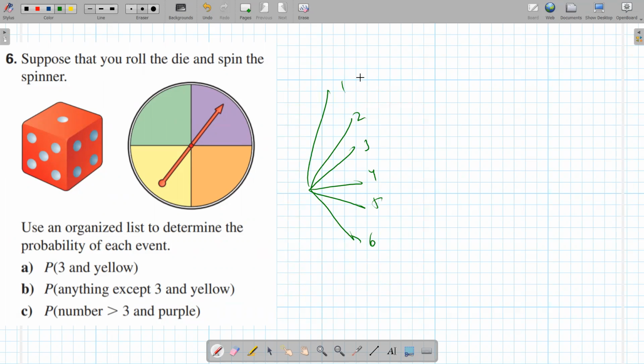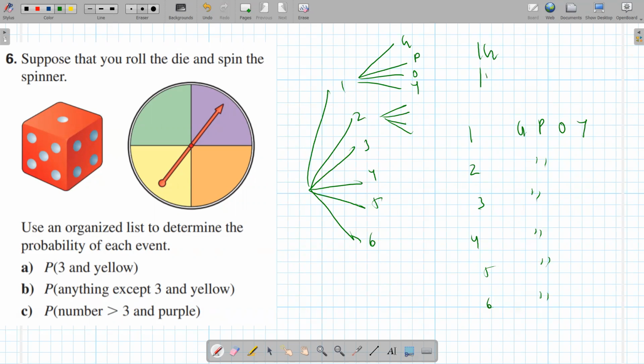Now what you need to do is, after you're done rolling the dice, you're going to roll the spinner, and that has 4 different outcomes, yeah? What is that? Green, purple, orange, yellow. Yeah, see all of them. So you basically have 1 with green, purple, orange, and yellow. Then you have 2 with the same thing, 3 with the same thing, 4, 5, and 6 with the same thing. So you understand this? This means you either get 1G, yeah?